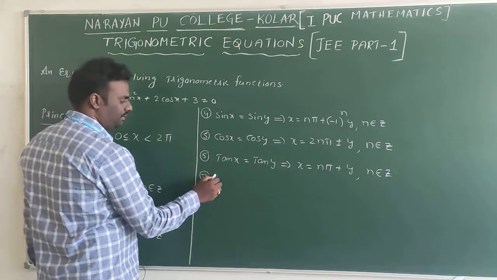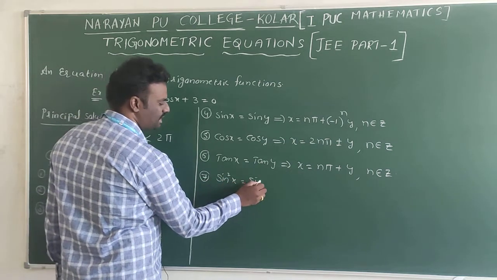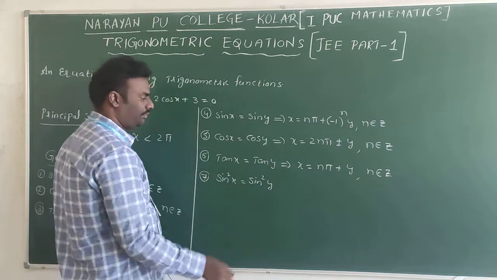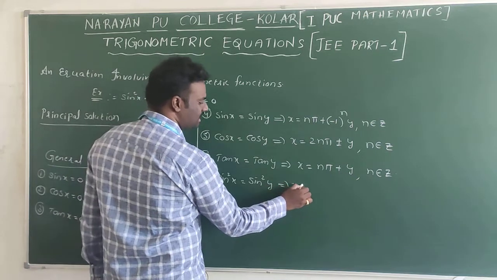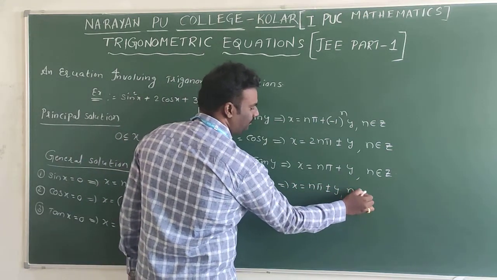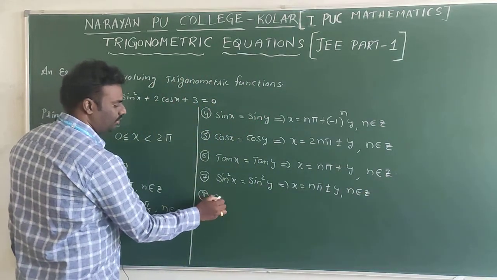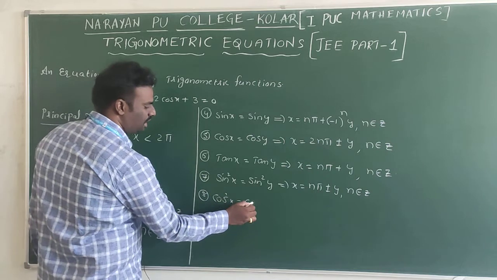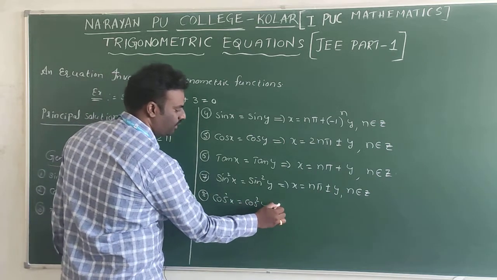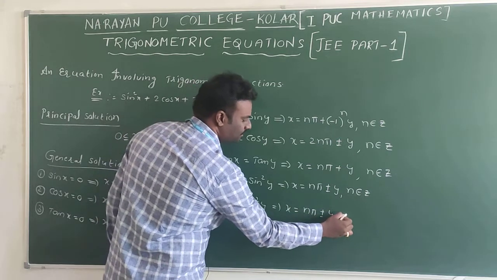And seventh, if sin square x is equal to sin square y, that implies x is n pi plus or minus y. Eighth, for cos square x equals to cos square y, for this also same n pi plus or minus y.